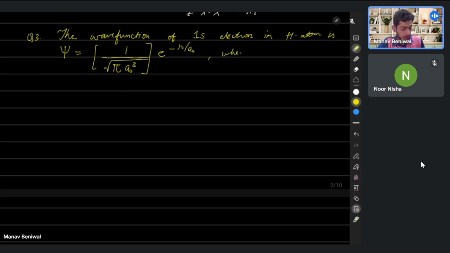where a naught is the Bohr radius, correct? Now the question asks us to find the average value or the expectation value of 1 over r for this wave function.